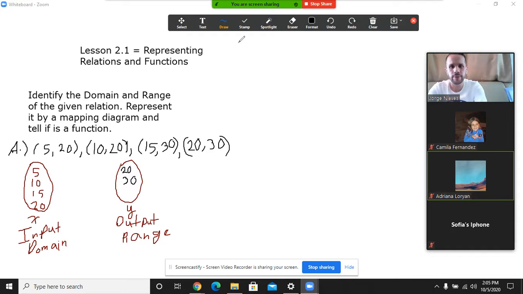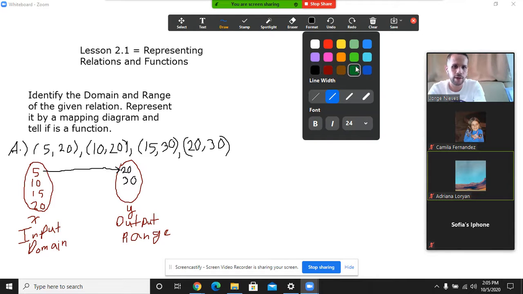So let's see the relations. What is the first relation that we have on the coordinates? ¿Quién me dice rápido? 5, 20. Okay. What is the next relation that we have? Alguien que no haya visto, háblenme, mi gente.